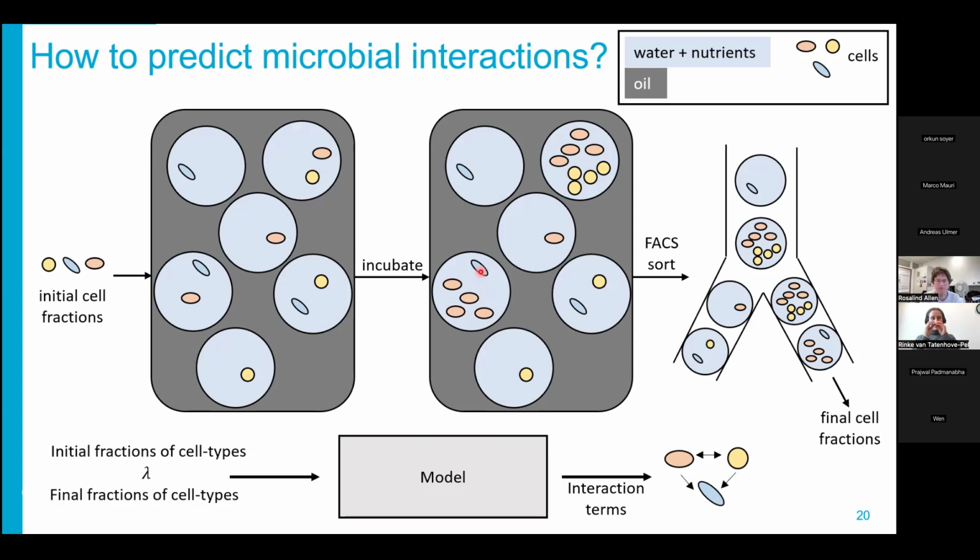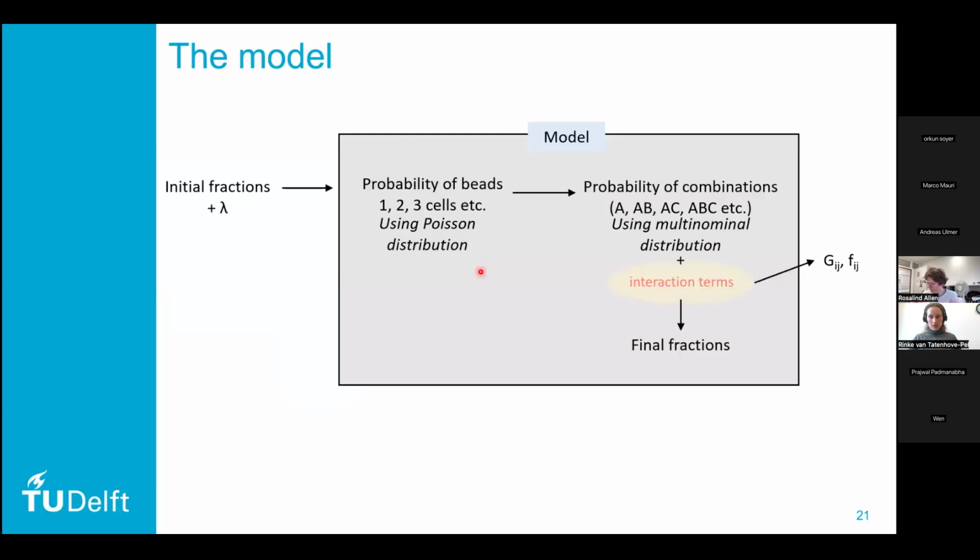How well can the cells grow when they are together? So what is the cell concentration that they reach? And within this cell concentration, what are the fractions of the cells that are present? So the model can then calculate these final fractions based on these interaction terms. And we also experimentally determined these final fractions.